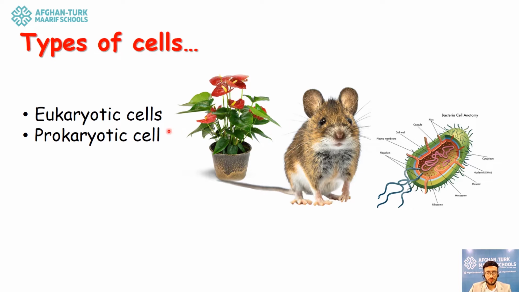The second category is prokaryotic cells, which are unicellular organisms. For example, bacteria. They do not possess a nucleus or membrane-enclosed organelles. Also, they possess DNA, but it is not enclosed in a nucleus.